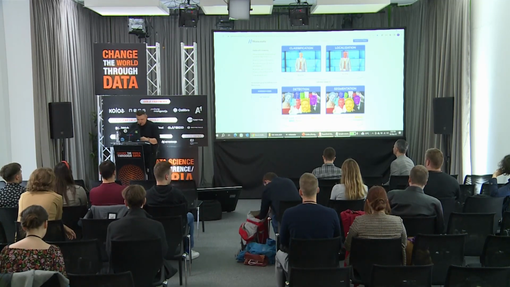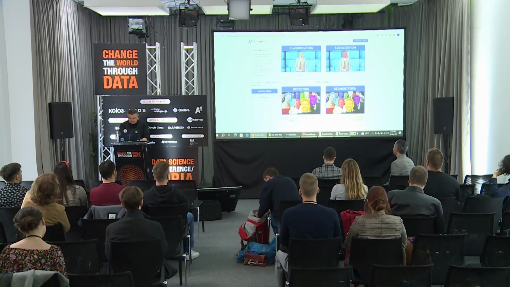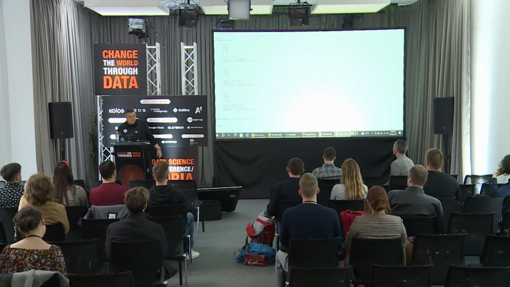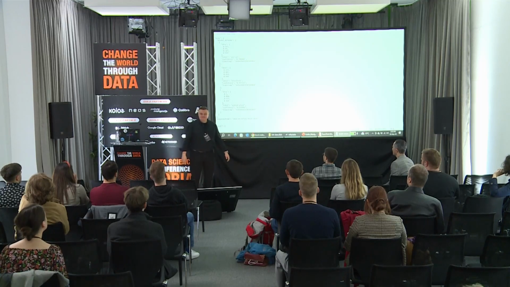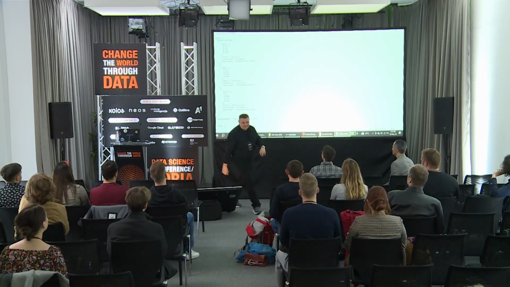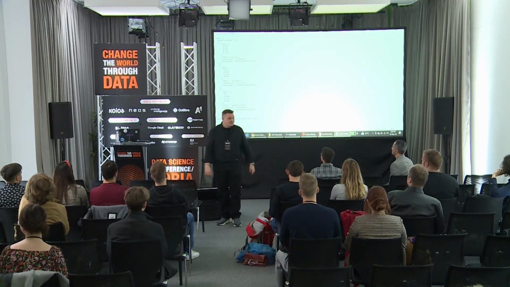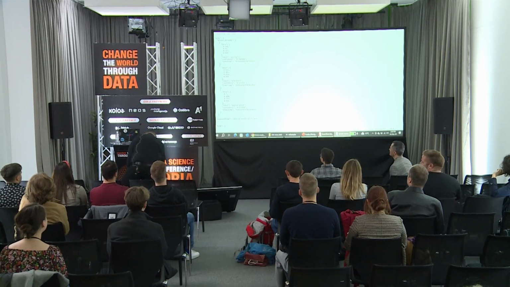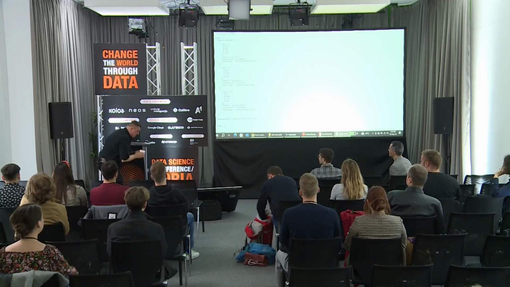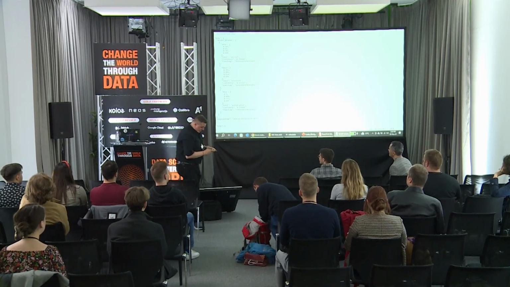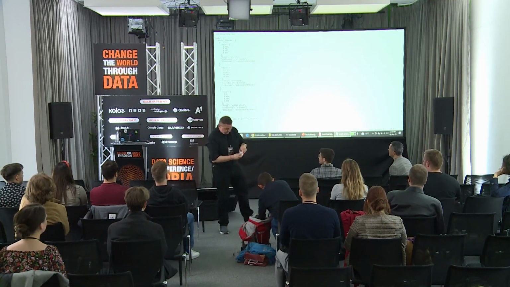Let's try to be interactive. I'm going to show you something. I'm going to ask you, what's that? Any ideas? Okay, so let me dig into my slides, because you are very curious. Yes, it's a JSON, but what kind of JSON?